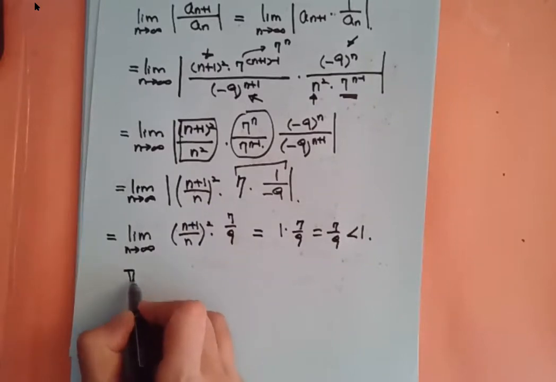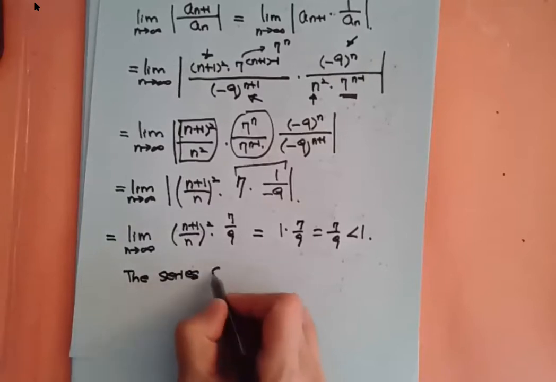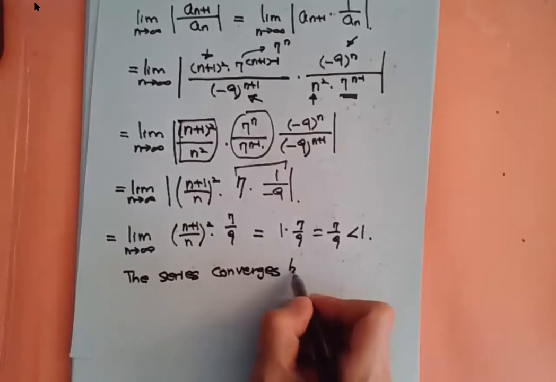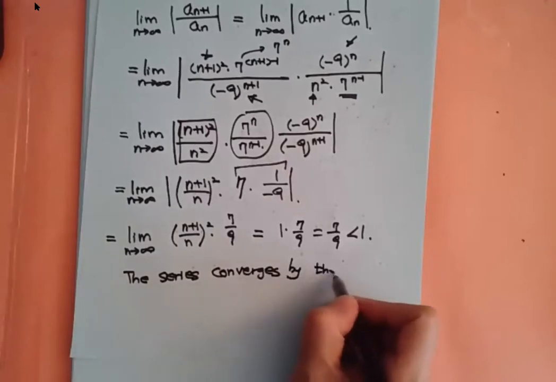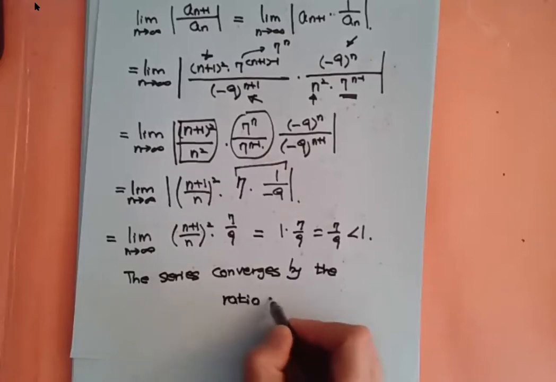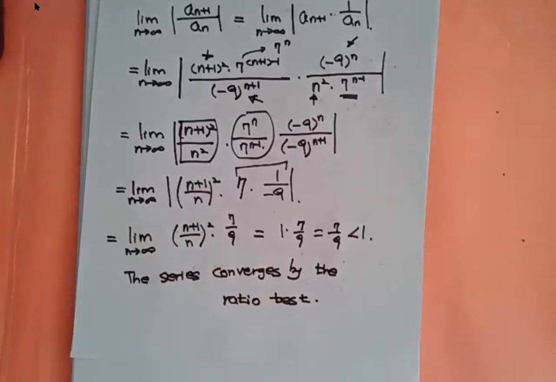So we can say that the series converges by the ratio test. Indeed, in this case, the series converges absolutely, but they're asking whether the series converges or diverges.